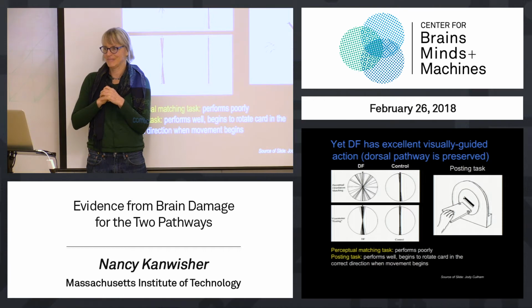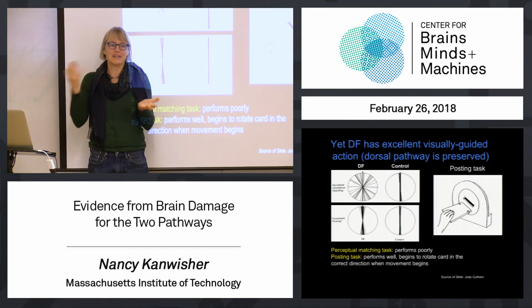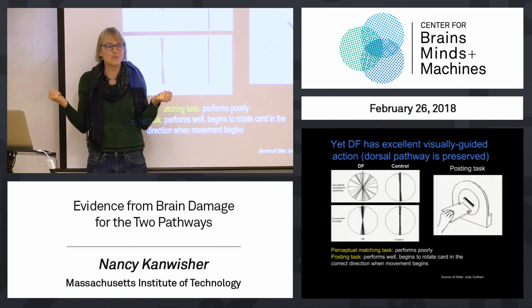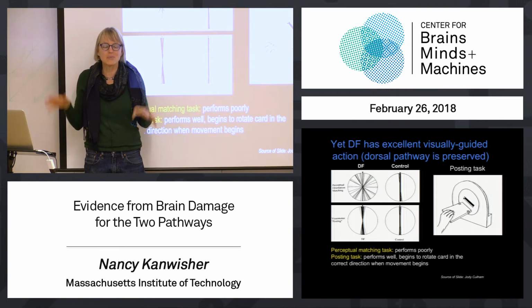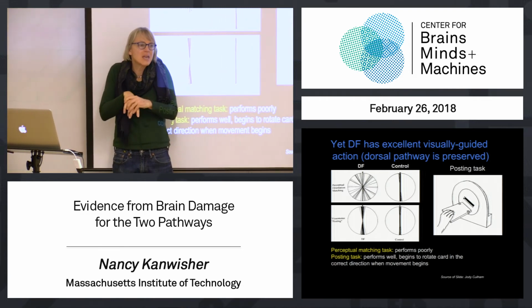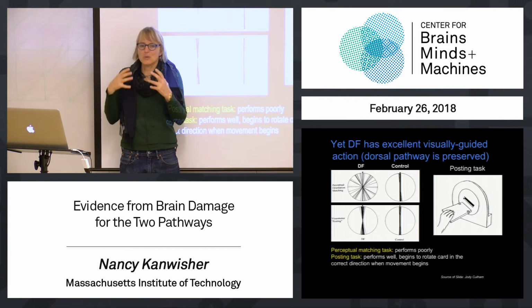Okay? So this is what they mean by the division between perception and visually guided action. Right? I said before what and where, but now this distinction is morphing a bit. And instead what we have in the ventral visual pathway is conscious visual perception of what the shape is, or in this case, the orientation is. Okay?